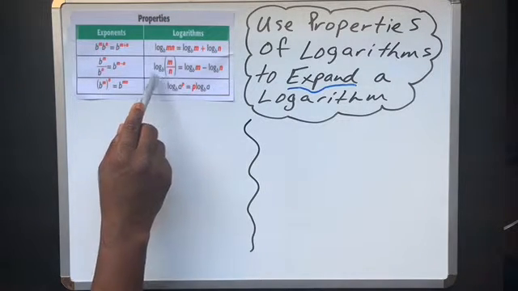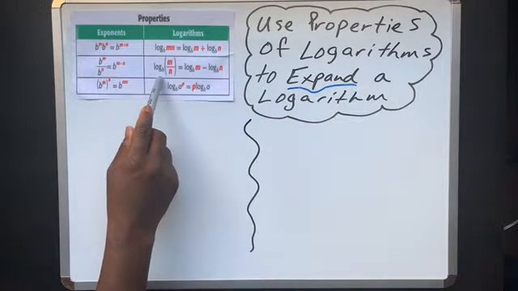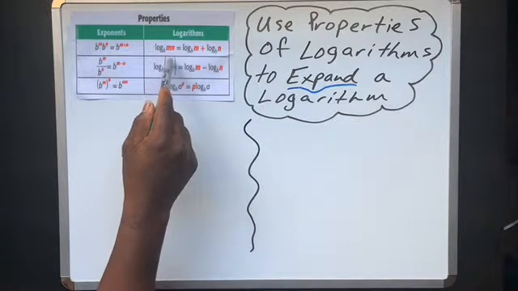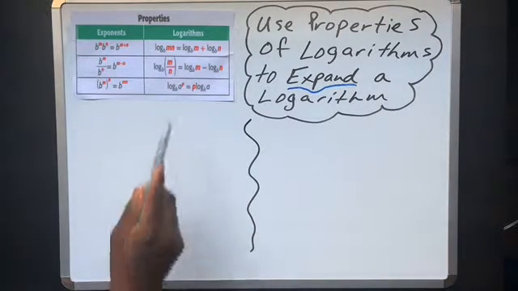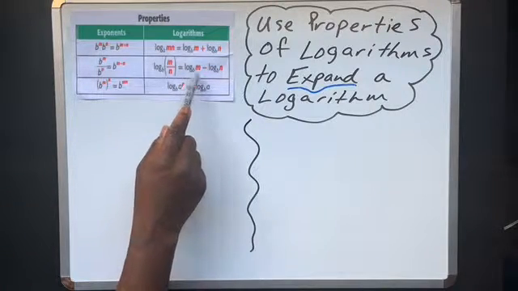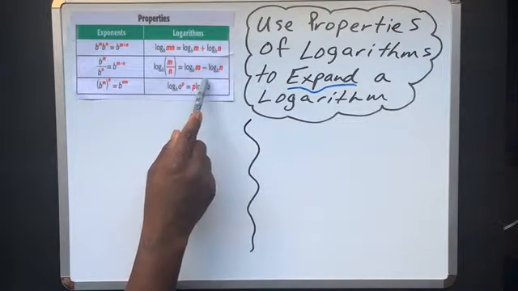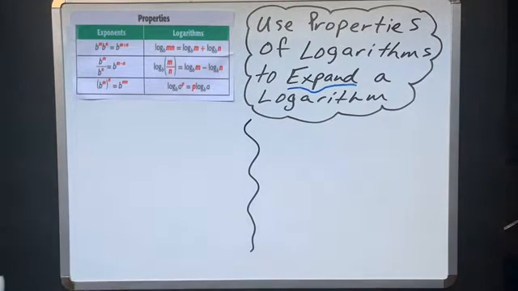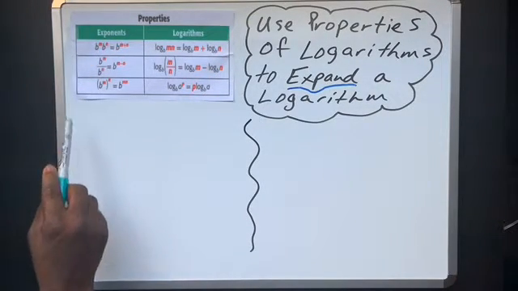All right, let's take a look at this next property. If you have log base b of the quantity m divided by n, that can be rewritten as log base b of m minus log base b of n. So let's look at this exponential expression.